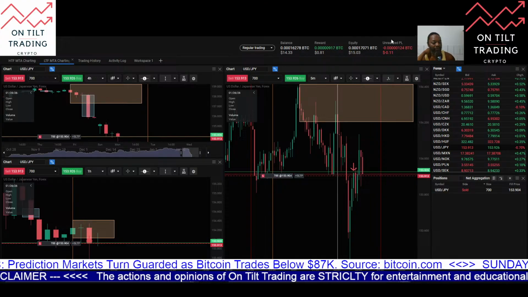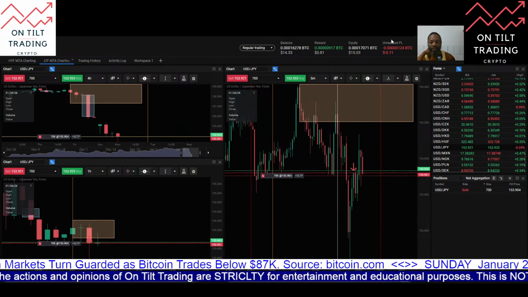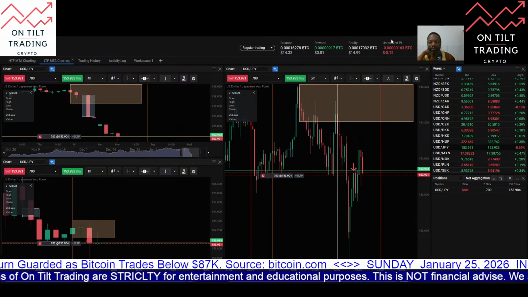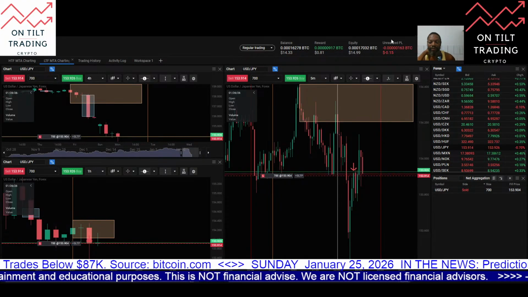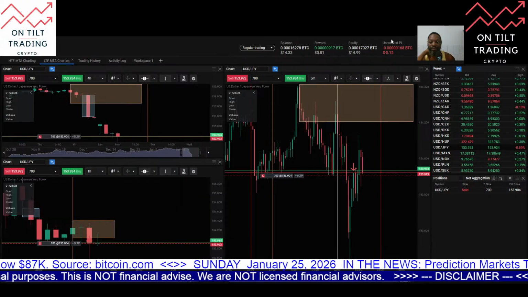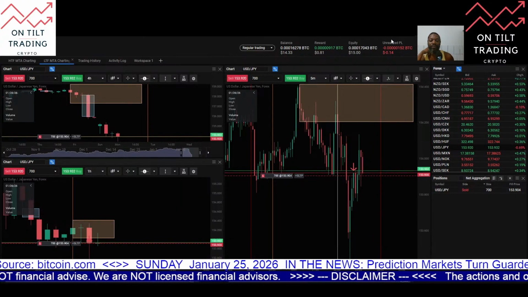And still seeing further sell side delivery here. Price at the 153.920 level and approaching 153.900, and my entry at 153.904.